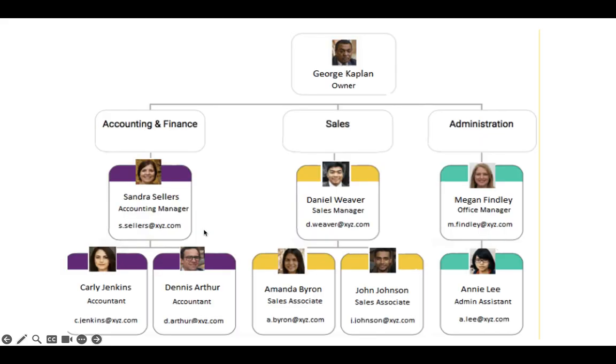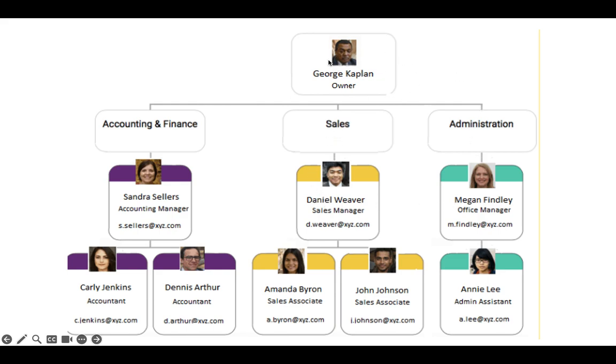All right. Here's another example of an organization that segmented itself. It organized itself based on functional activity: accounting and finance. And so it may be that this is a person right here, such as the chief finance officer, and Sandra reports to that person. Or what this particular company did is just break it down, and this is the name of the area, and the top person is Sandra, and then under sales, the top persons are Daniel and Megan.